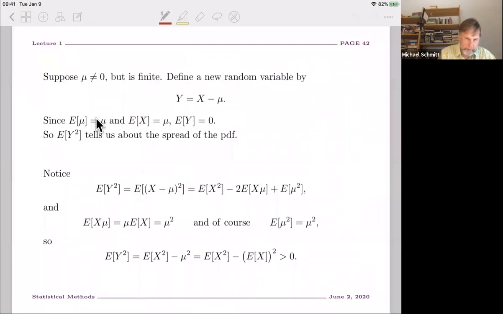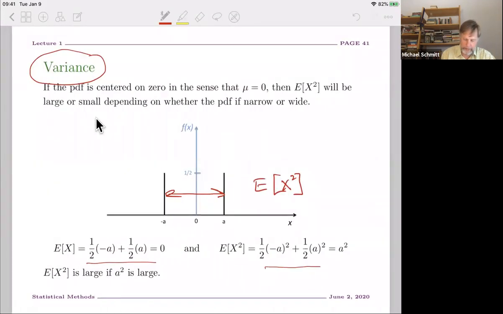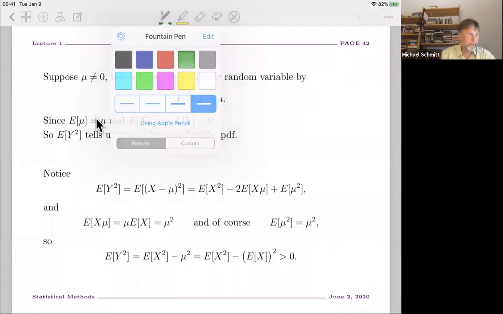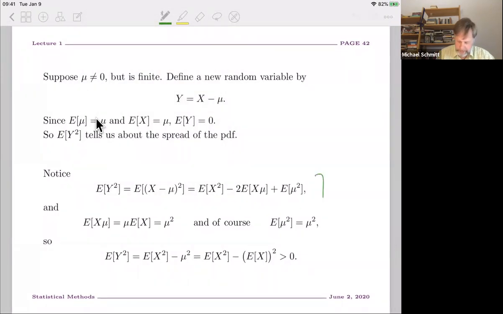Now, suppose mu is not equal to 0. Well, we could just shift it with a new variable by subtracting mu off and do the same kind of calculation. Here's a calculation that's slightly more involved, but the bottom line is that the expectation value of x minus the mean quantity squared turns out to be the expectation value of x squared minus mu squared, and that's always greater than or equal to 0.